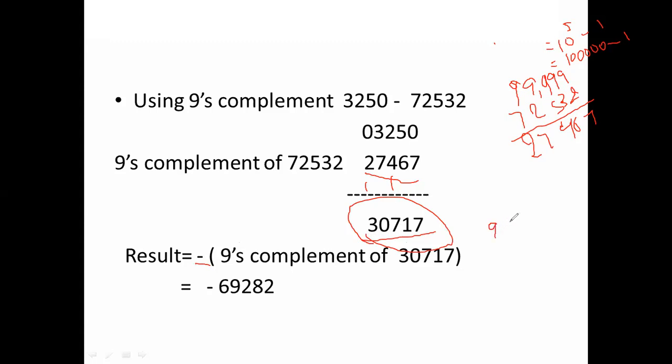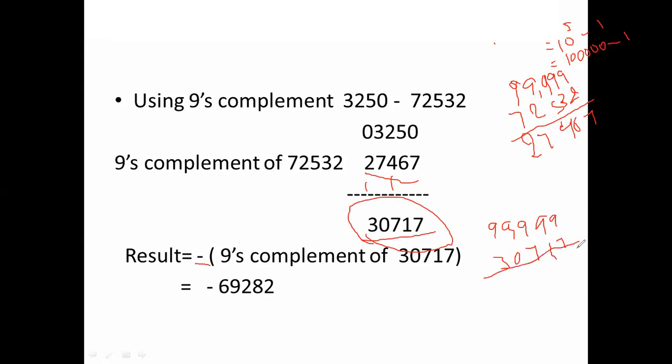So take 9, 9, 9. Next, from this, subtract this value, 30,717. Okay, ma?